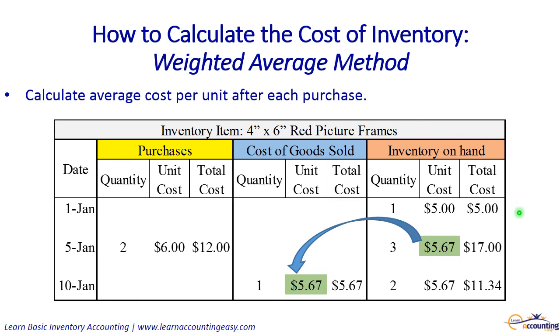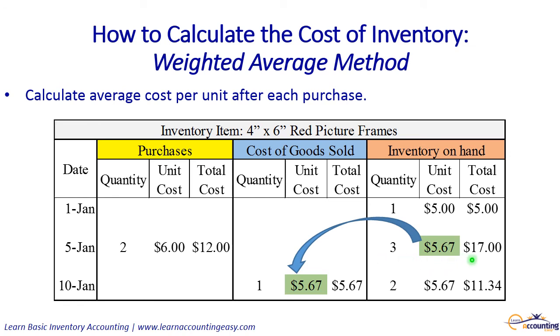What we do actually is on the 5th of January, when we purchase those 2 frames for $6 each, we go over here to our running record of inventory on hand and we say, what was the total cost that we paid for all 3 frames between the beginning inventory and the January 5th purchase? Well, that was $17. How many units do we have on hand? 3.